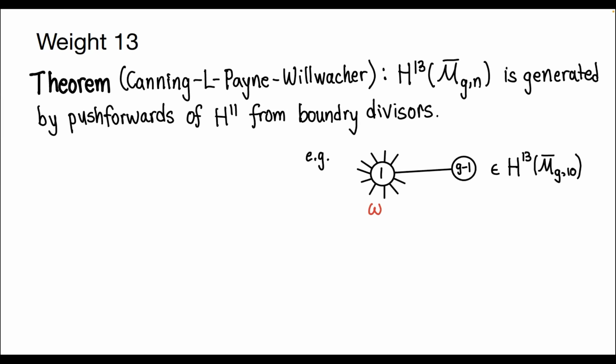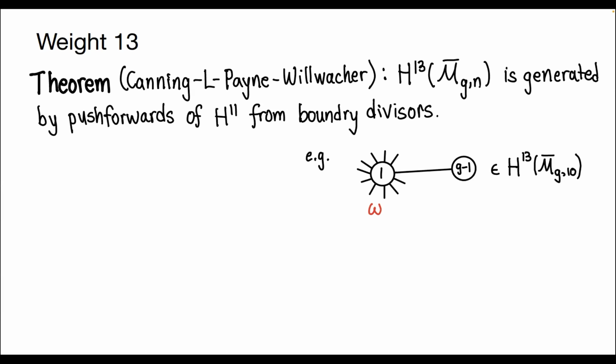So these can be represented in a way sort of similar to how we represent tautological classes in cohomology. So in order to get some H^11 in your boundary divisor, you need to have a genus 1 component that has at least 11 markings on it. But if you do, then you can just slap this omega decoration onto it and push forward.